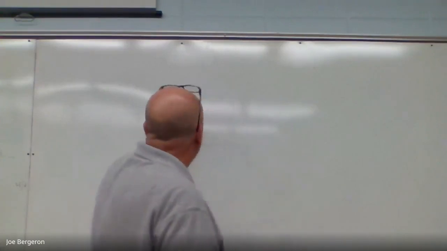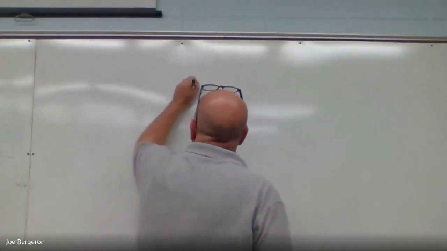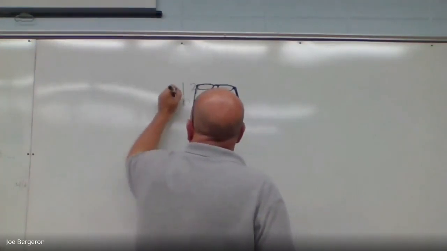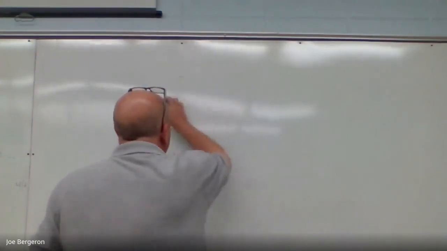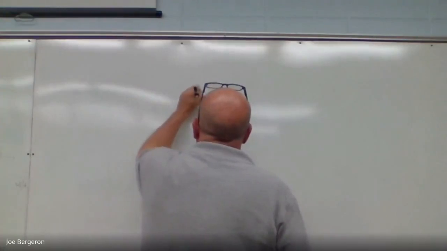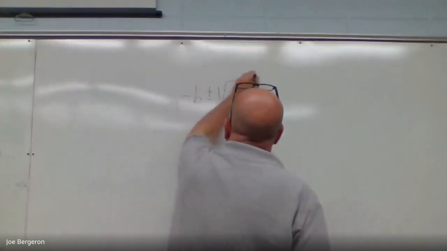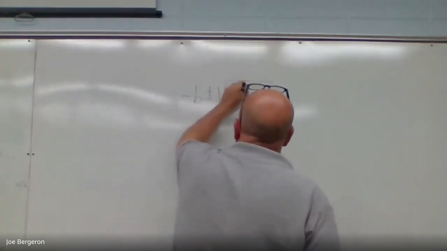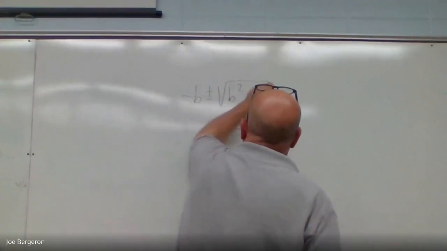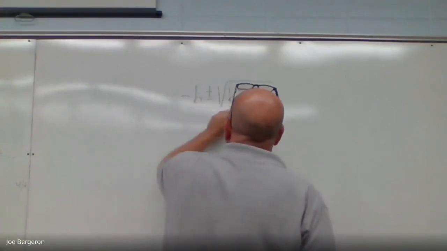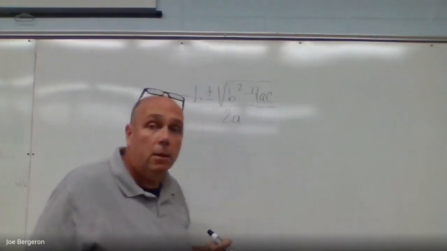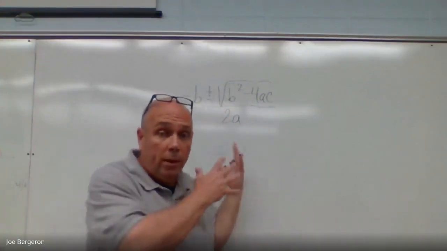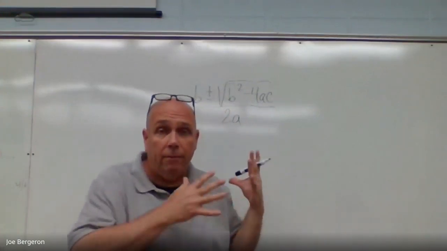So the first thing we're going to do is write it up here: x equals negative b plus or minus the square root of b squared minus 4ac, and we're going to divide that by 2 times a. Okay, so no matter what we do, we're going to go back to that formula.